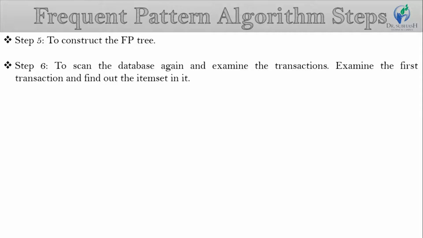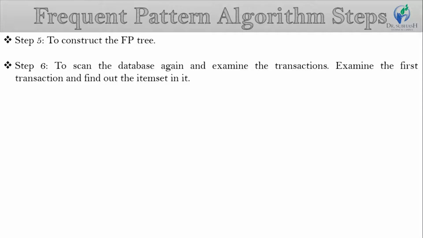Also, the count of the item set is incremented as it occurs in the transactions. Both the common node and new node counts are incremented by 1 as they are created and linked according to transactions. These steps will be understood in the numerical part.